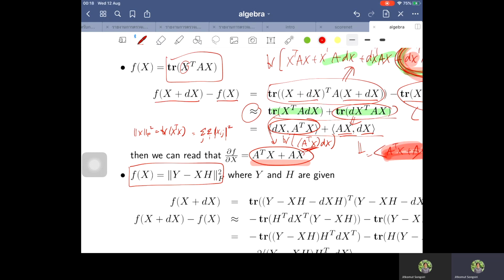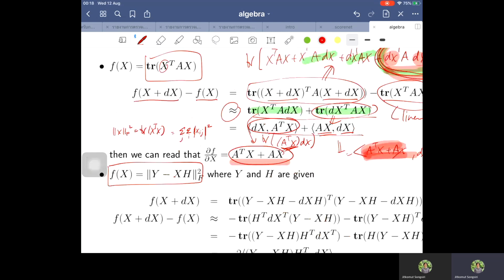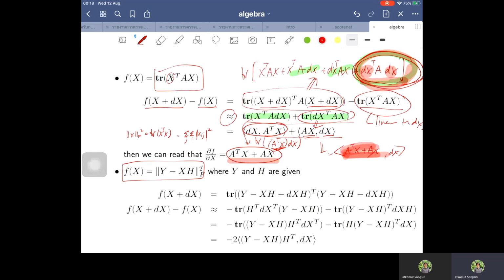First, the Frobenius norm of y minus xh is going to be the trace of (y minus xh) transpose times (y minus xh).